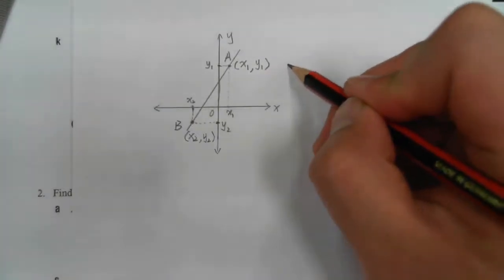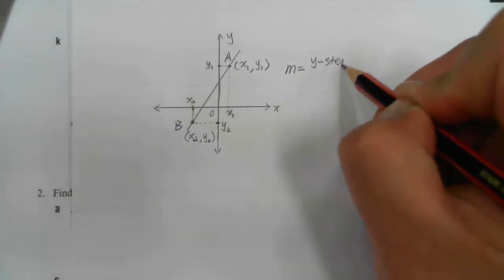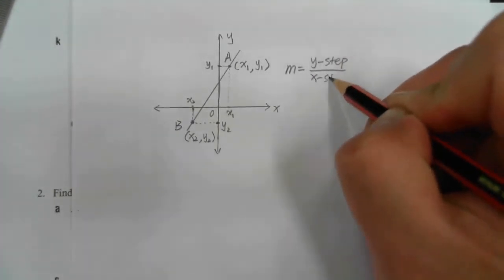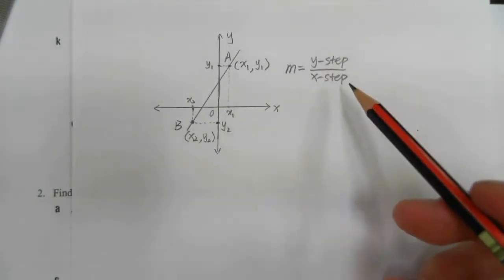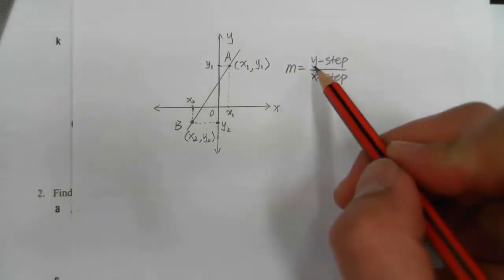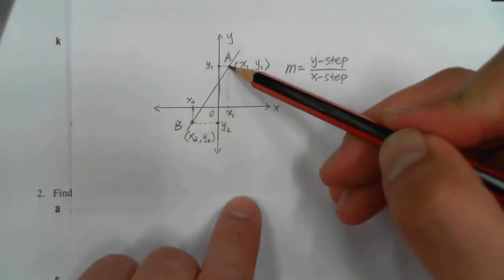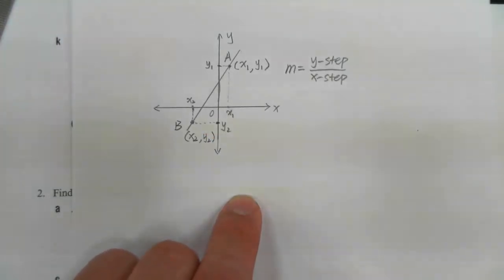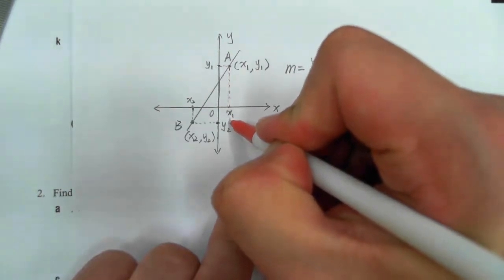Now we can use m equals y step over x step to calculate the gradient. Okay, so let's have a look at the exact y step. For y step, if I start from this point to this point, I have to go down until here.